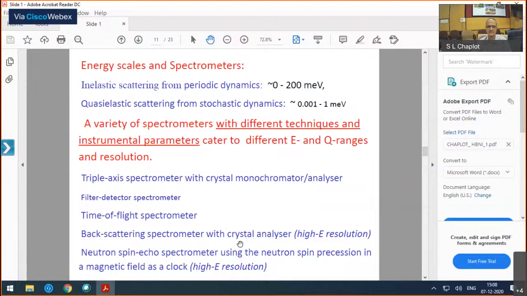So these are backscattering and neutron spin echo. These give resolution of around 0.001 millielectron volt, about a microelectron volt, whereas these other techniques can give a resolution which is not as good as that, but better depending on the requirements. Okay.